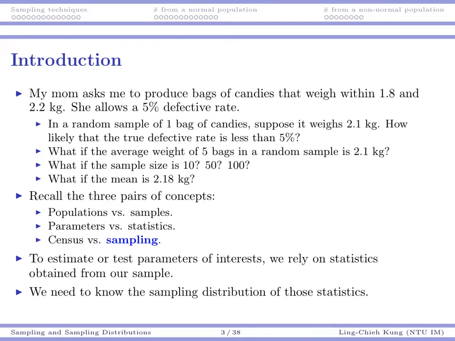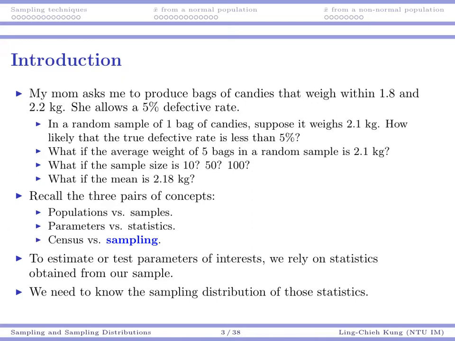Slightly more, but still not directly, right? If my mom can draw more bags and still see 2.1, she should be somewhat more comfortable and more confident about the production process. That's intuitive. But we don't know how large the sample size should be.